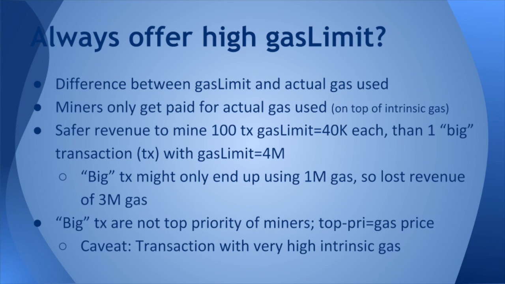Okay, so I just thought of this recently after I typed this slide up: if you have a high intrinsic gas transaction, then you have to have a high gas limit, and miners will be okay with that.